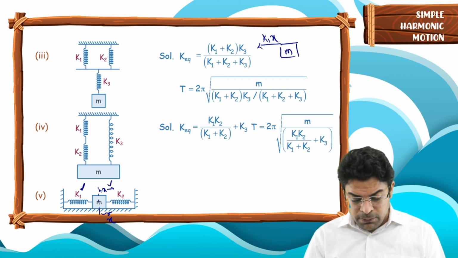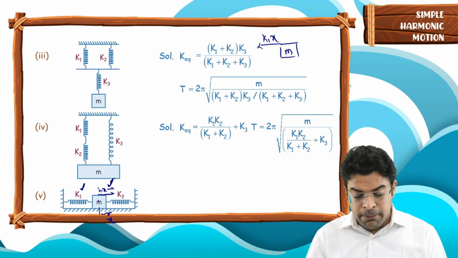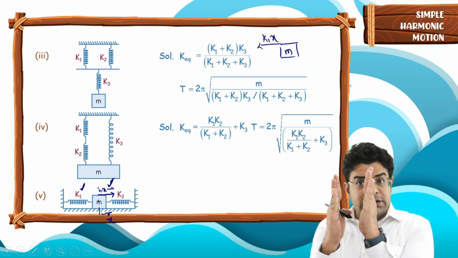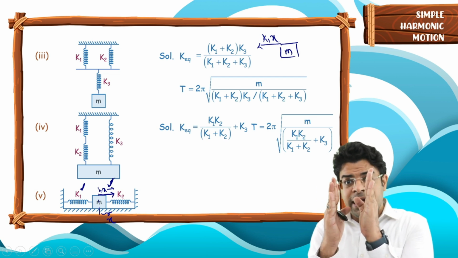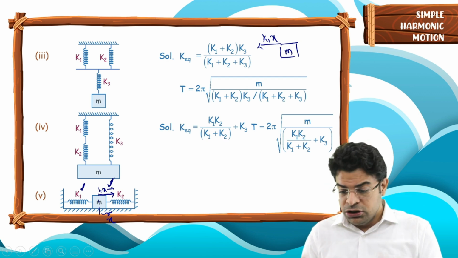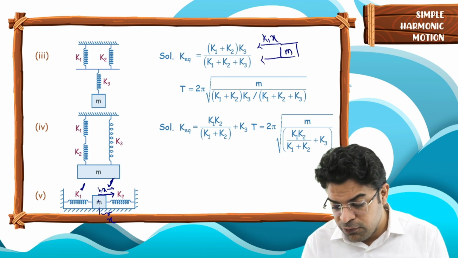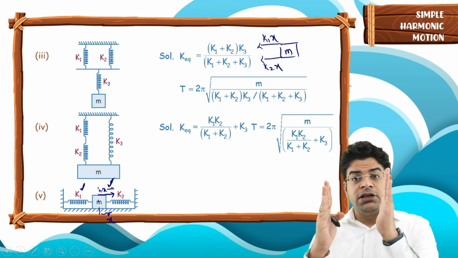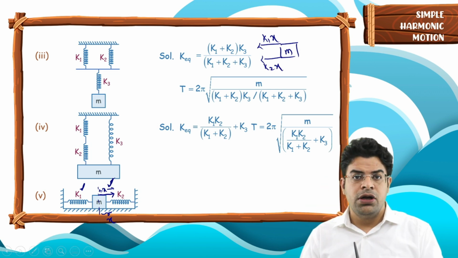And when you move the block towards right by distance x, the second spring gets compressed. So as to regain its natural length, it applies a force on the block towards left. So on the block, it will apply a force K2x since the compression in the second spring is also x. So due to the first spring, there is a force K1x.